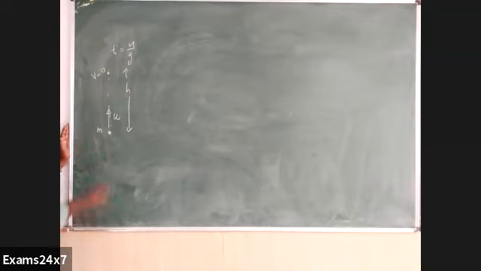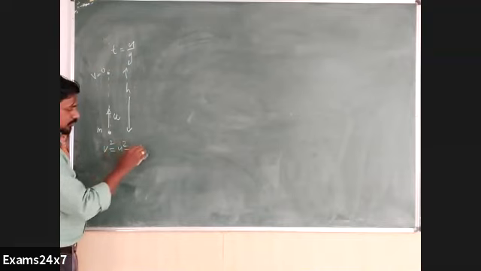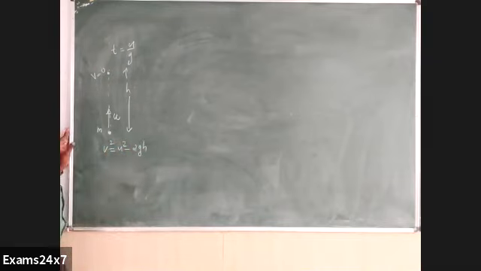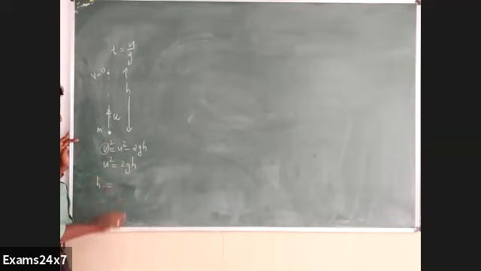You know that v square is equal to u square minus 2gh. v square is 0, so u square is equal to 2gh, or h is equal to u square by 2g.